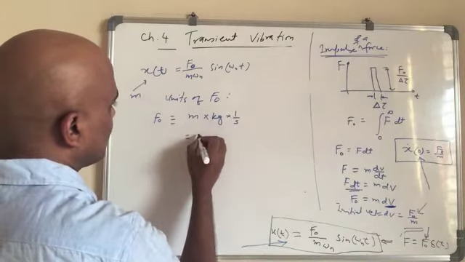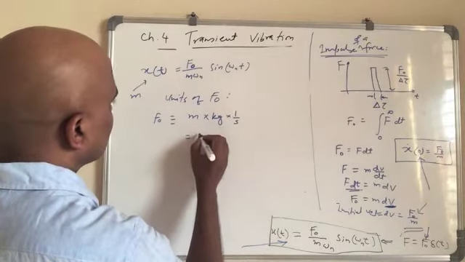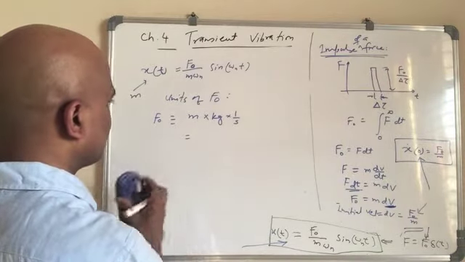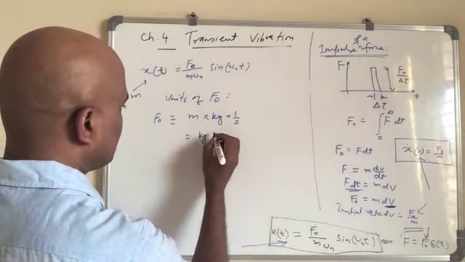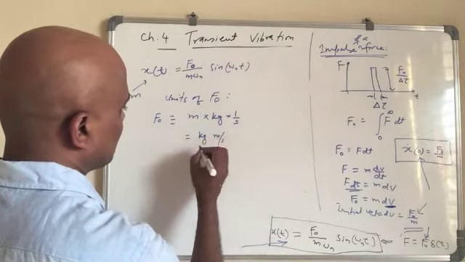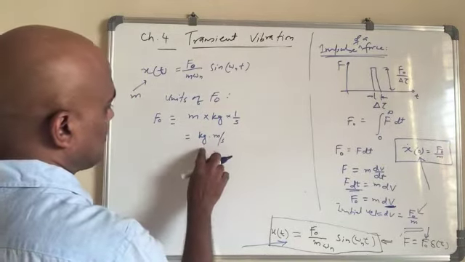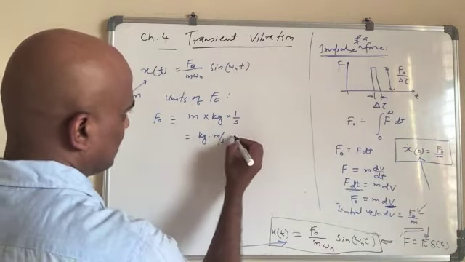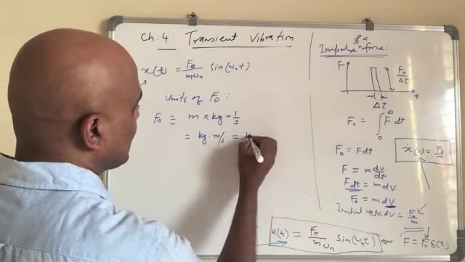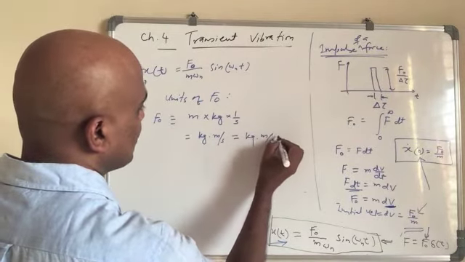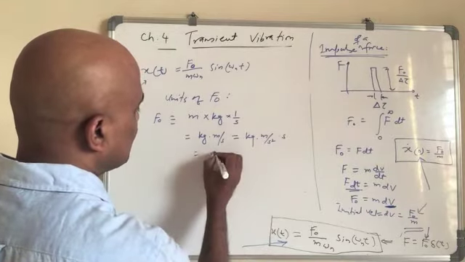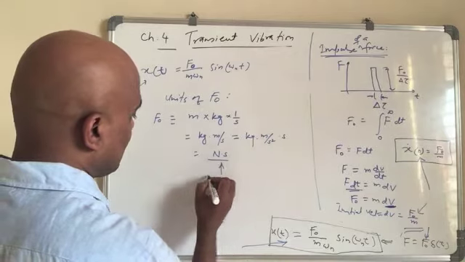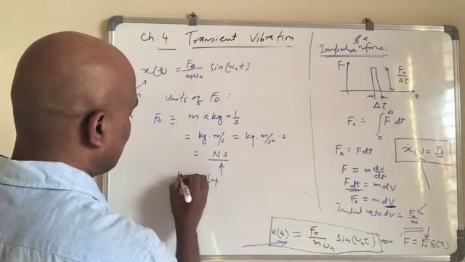So we get kg meter per second. You can also write it as kg meter per second square multiplied by s, so Newton second. So this is indeed the unit of an impulse.